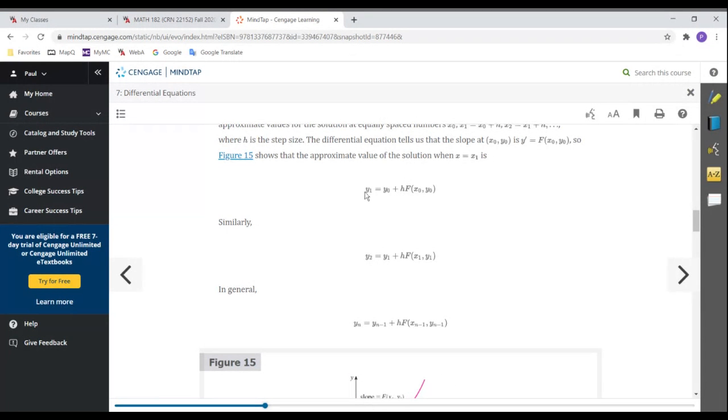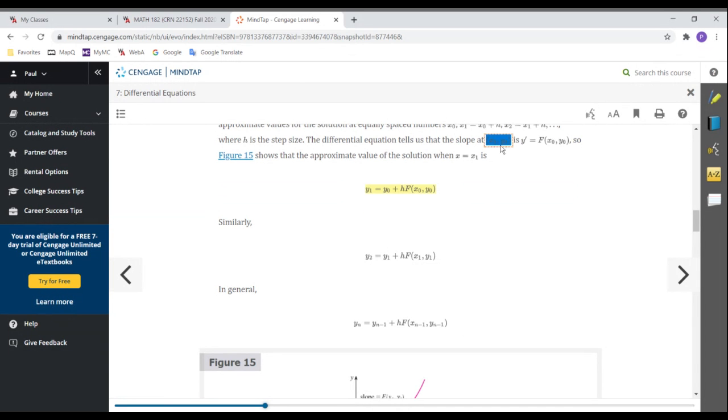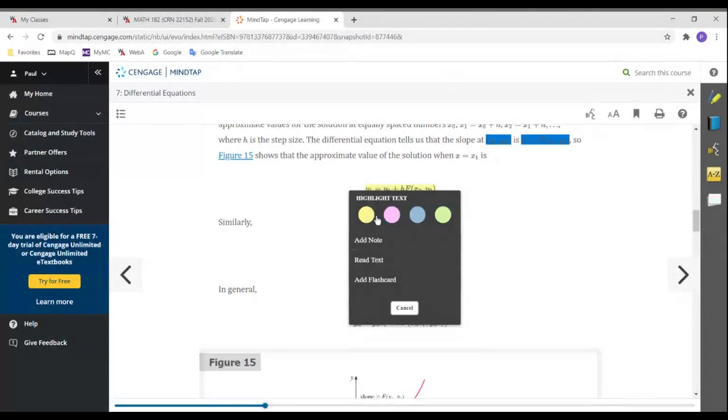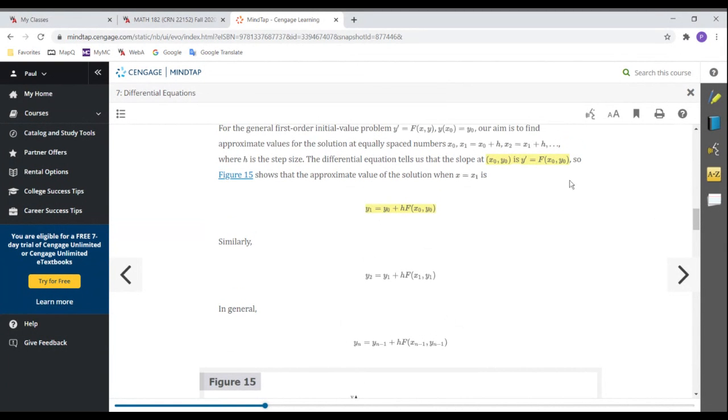So it's an iterative procedure. For instance, we denote the derivative y prime by capital F of x naught, y naught. Now, capital F doesn't mean antiderivative or anything like that.